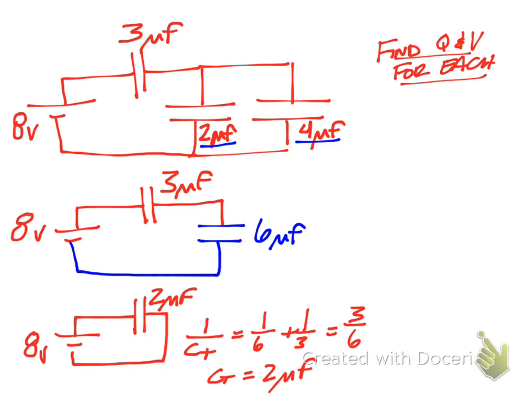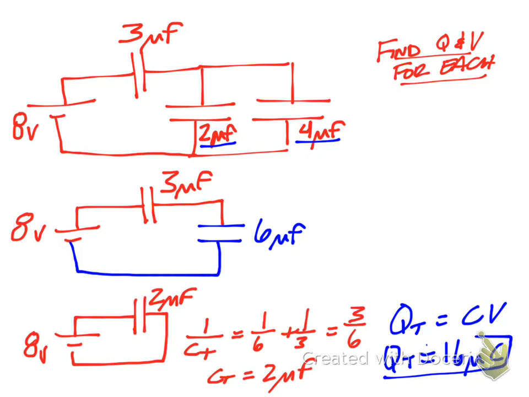And now that we have that, we can say that the voltage is, oh, we already have the voltage, sorry. 8 volts is dropped across there, so the total charge, Q total, is going to be CV, or 8 volts times 2 microfarads, giving us a total charge of 16 microcoulombs.